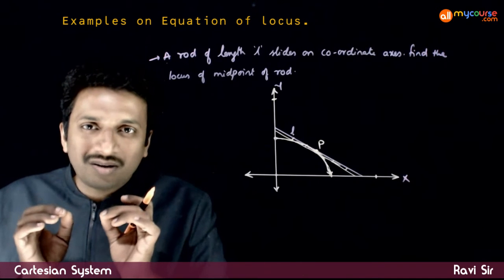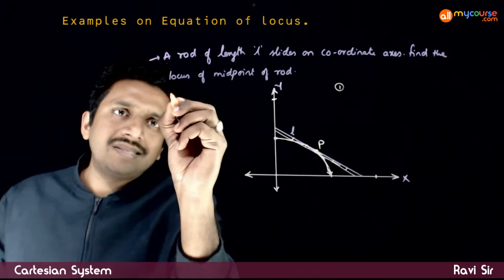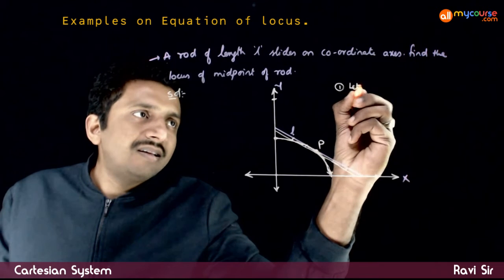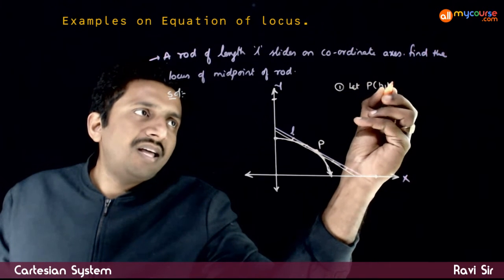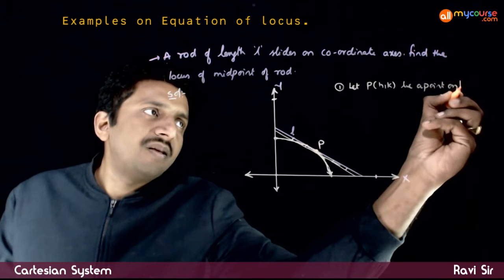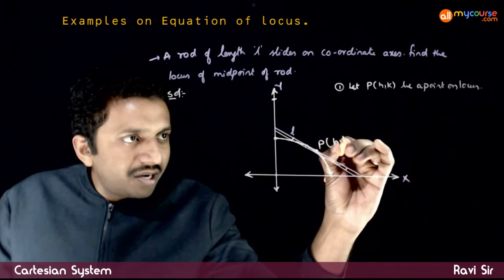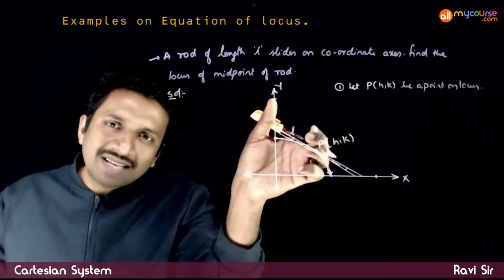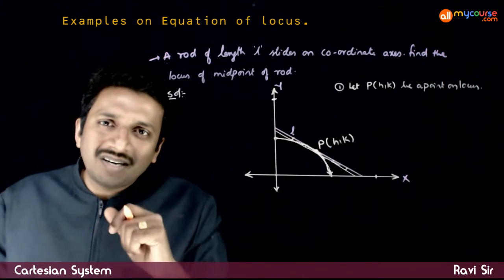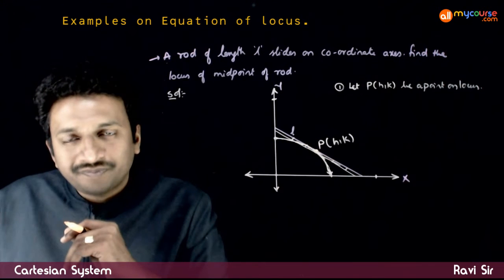Now this is a slightly more involved question, but we start with the same premise. The first step is let P(h, k) be a point on the locus. That means as this rod is sliding, at some instant, let us say that the midpoint of the rod is (h, k).